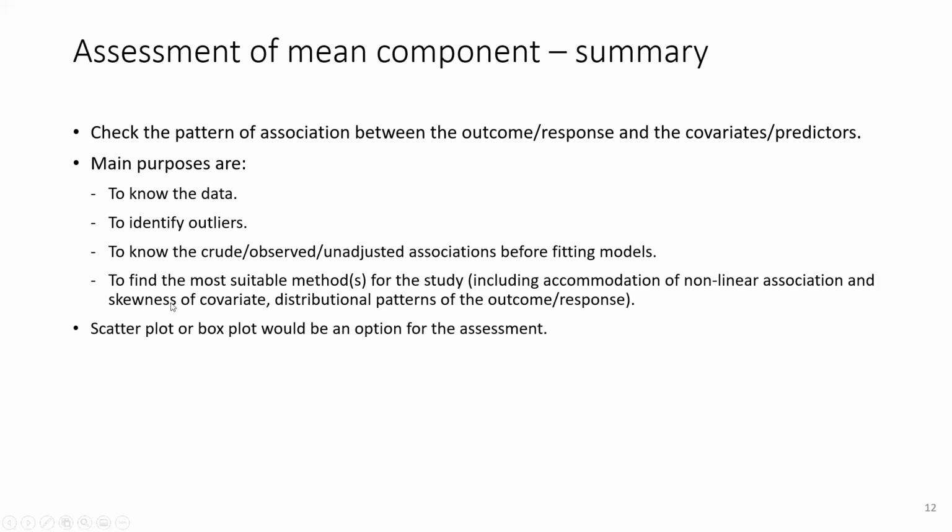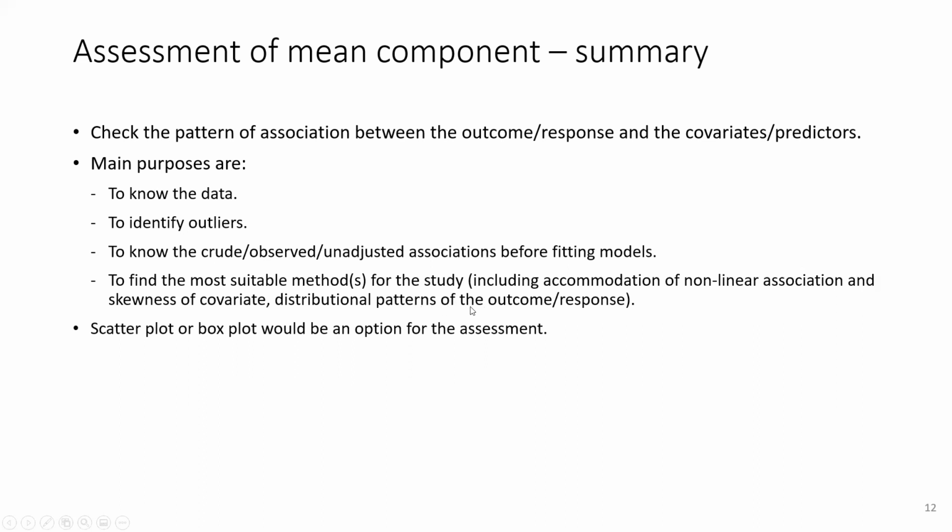Also, this is to find a more suitable method for the study, including how to accommodate nonlinear association between outcome and predictor, outcome and covariate, and also skewness of the covariate, and also the distributional pattern of the outcome response.